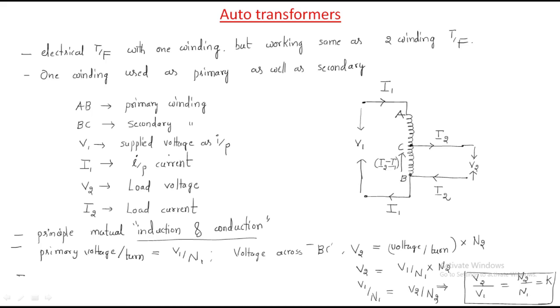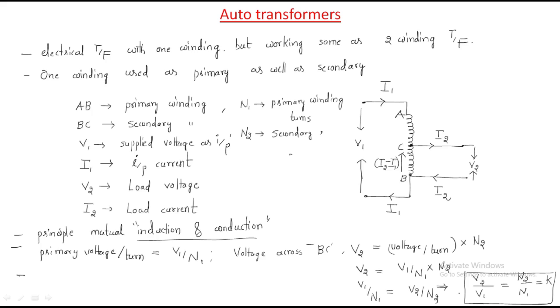Of any transformer. For the auto transformer, look here: N1 is the primary winding turns and N2 is the secondary winding turns, right?